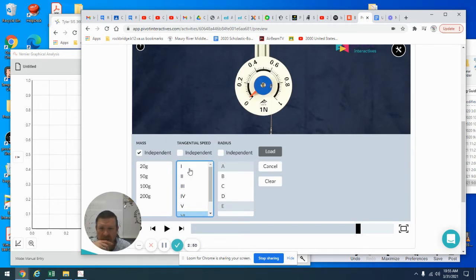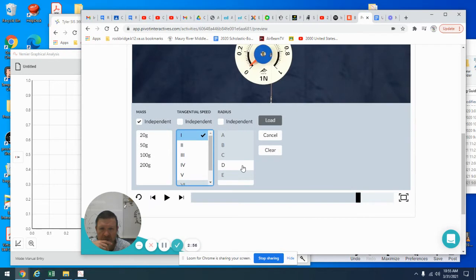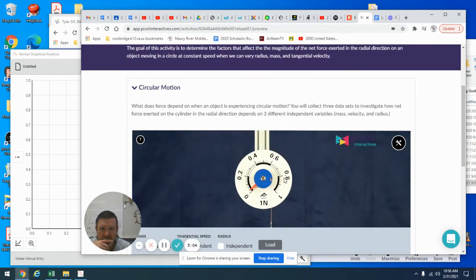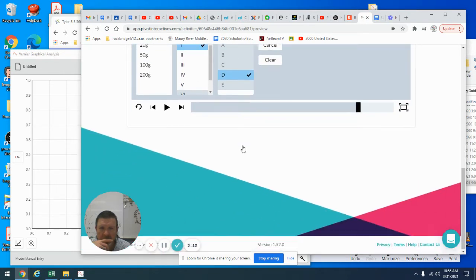So I'm going to go ahead and click that. And looks like I only have one choice for the radius. I'm going to click that, and then I'm going to click load. And it's not letting me do that. Why not? Let's see.